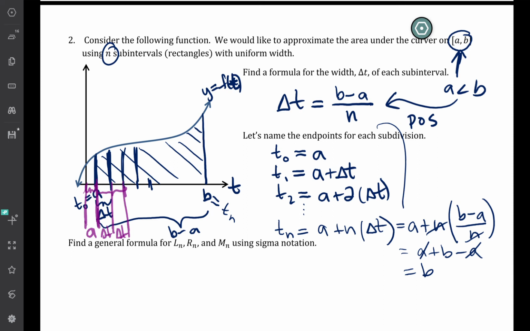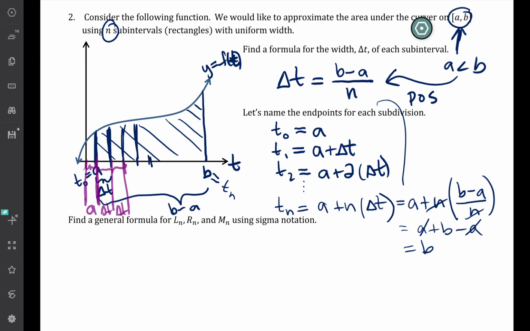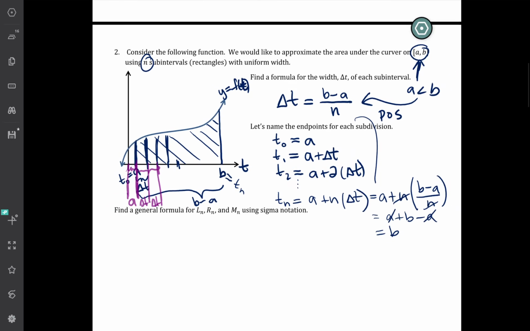So don't get too freaked out by this. This is just us building up formally what these sums look like, the over and under estimates, and being a little more general, because depending on the shape of the curve, we're not necessarily going to be able to say that's an over or that's an under. It might be kind of unclear which it is.